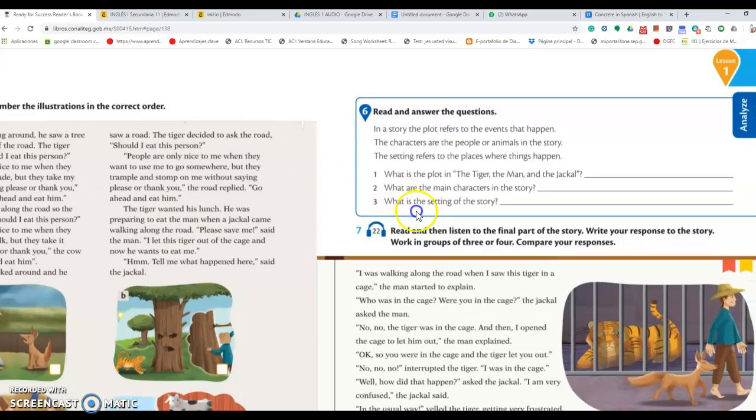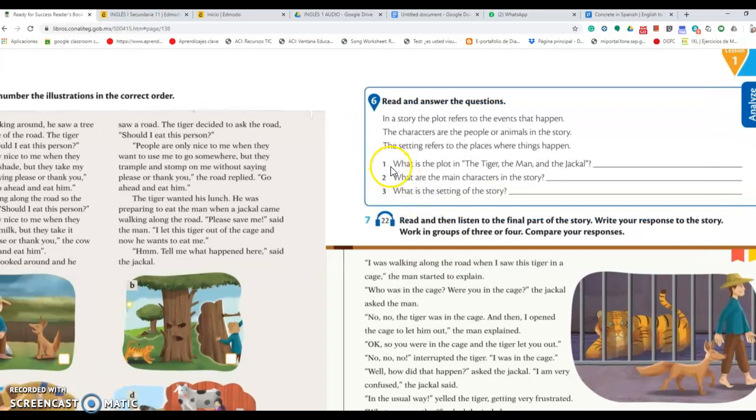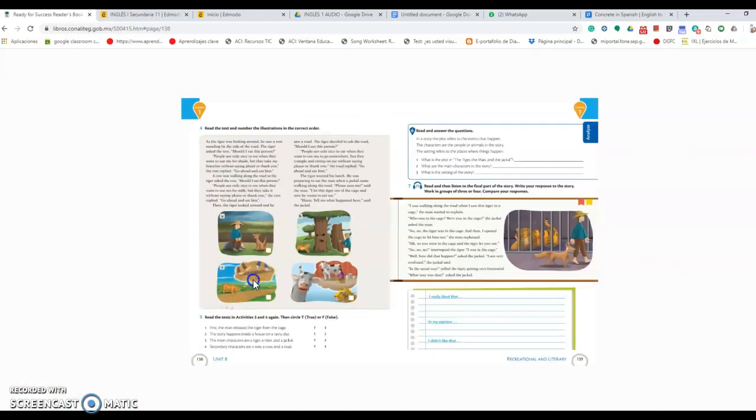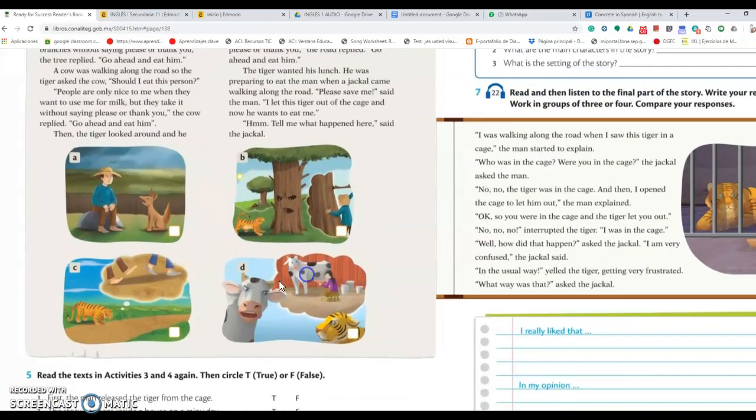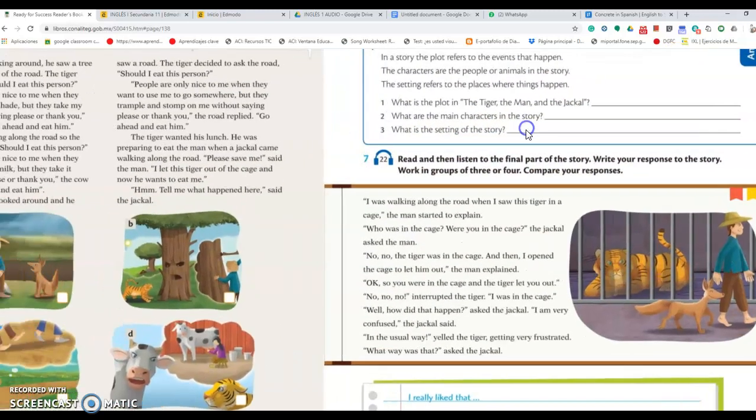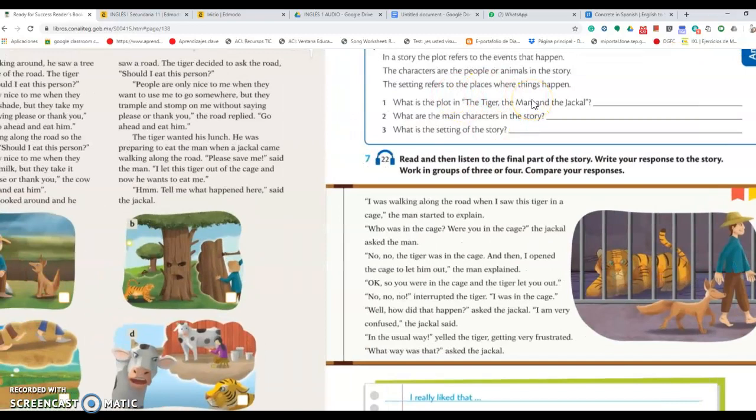So, now according to this information, number 1 says, what is the plot in The Tiger, the Man, and the Jackal? Well, a man sees a tiger in a cage and decides to let the tiger escape. And then the tiger wants to eat the man, but suddenly they both find a jackal and they have to explain why the tiger should eat the man or not.